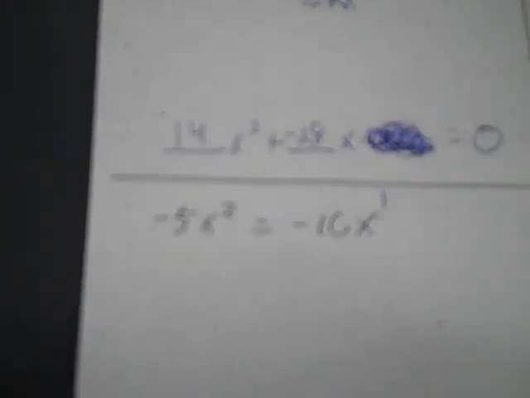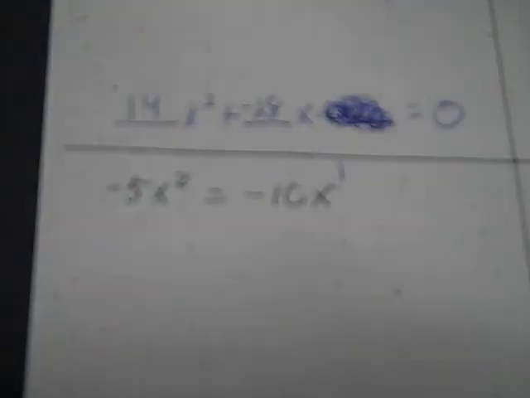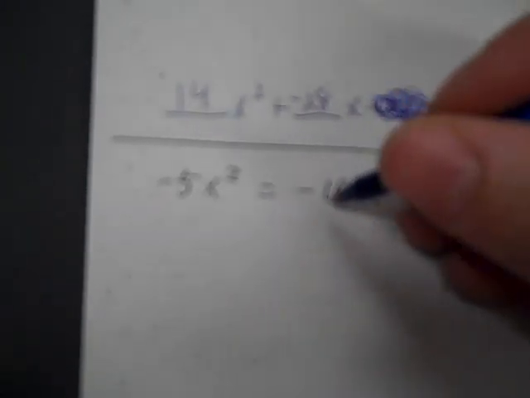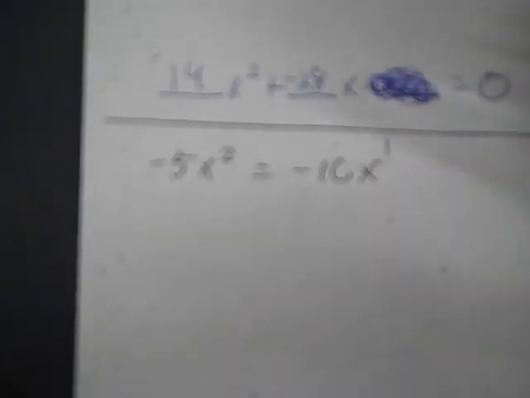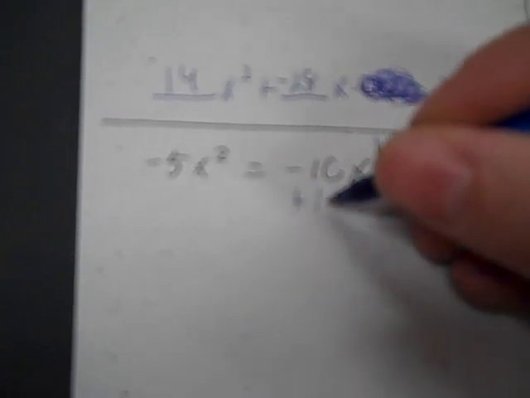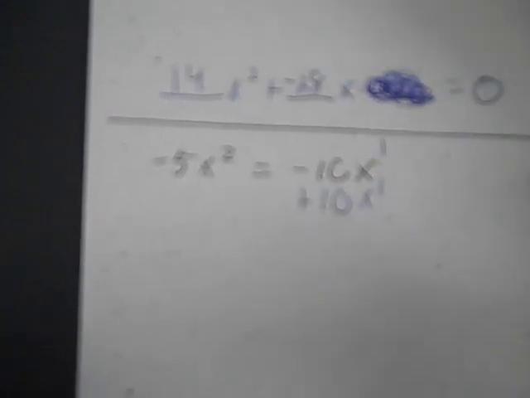Okay. Negative 5x to the second power equals negative 10x to the first. So I do have x to the second and x to the first. So that means when I have two different powers of x, we need to have a 0. So that negative 10 is like a minus 10. If I wanted to undo a minus, I would do the opposite, which is plus 10x to the 1.